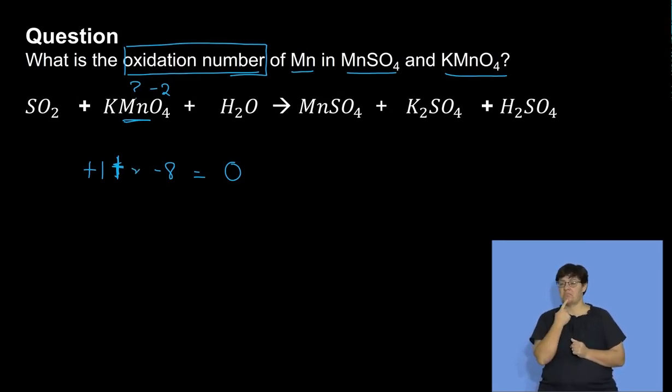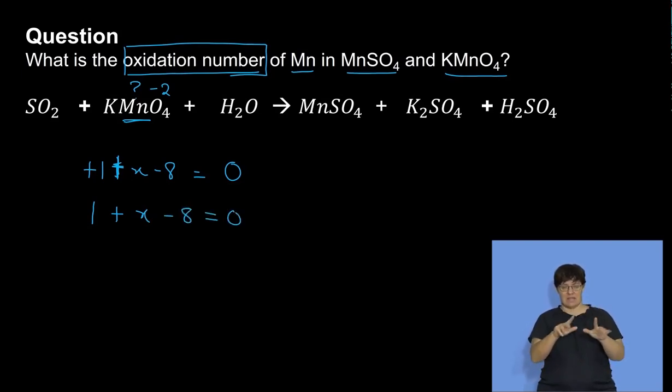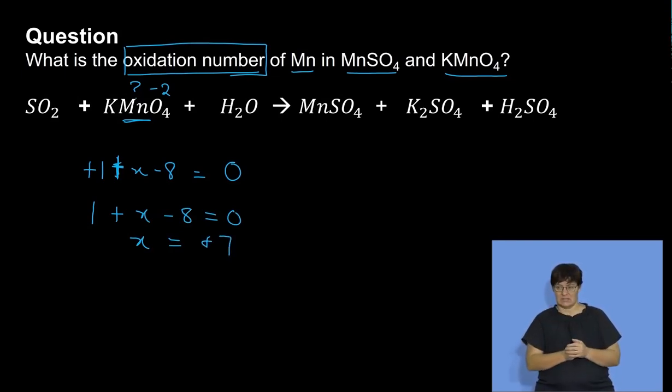Let it be X. If 1 plus X minus 8 is equal to 0, you get X equal to +7. So in potassium permanganate, the oxidation number of manganese is +7.